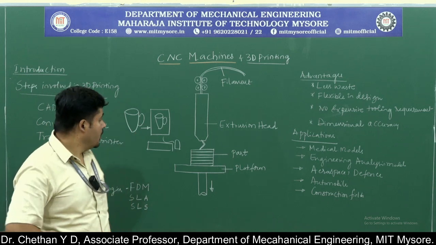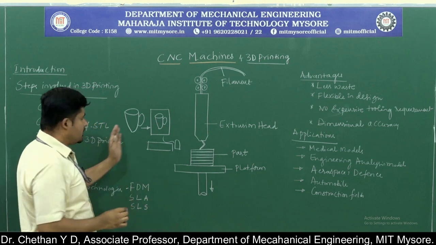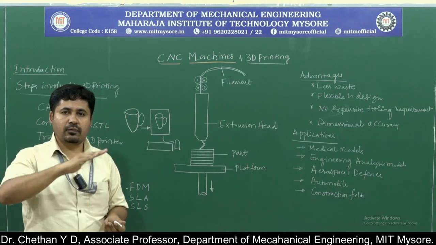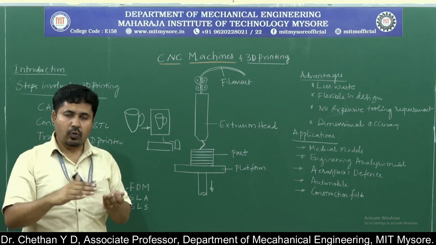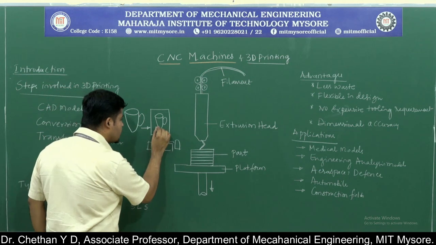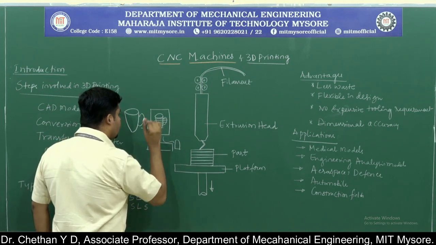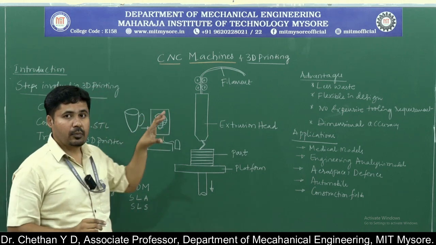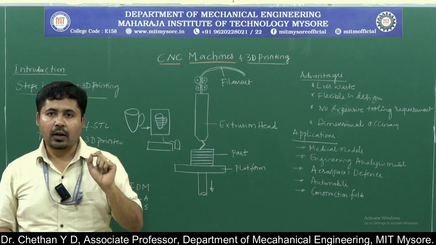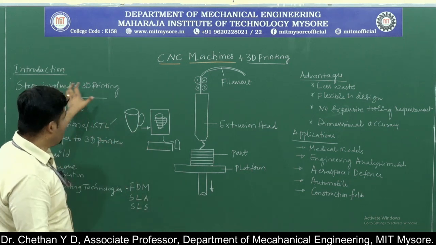Then the next step is slicing this model. Slicing is the process of cutting the given model into an equal number of steps. So I am slicing this mug with equal spacing. This process is saved as an .stl file.